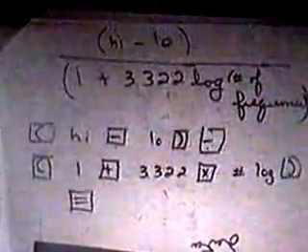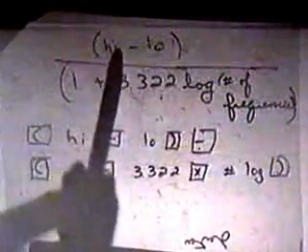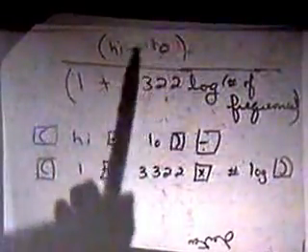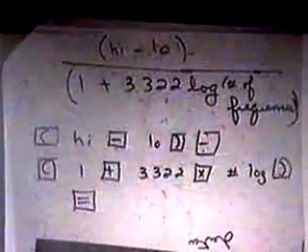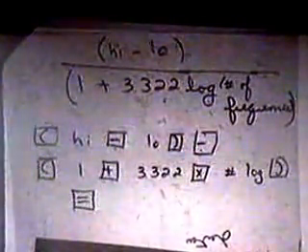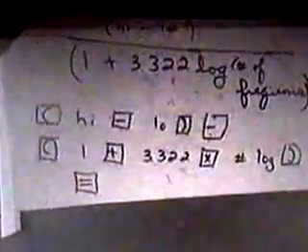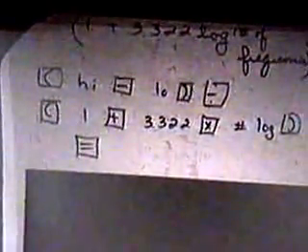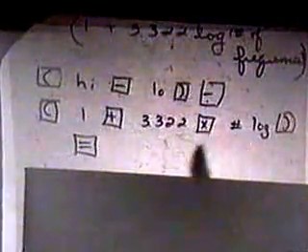If you did not insert the parentheses on this problem, your calculator would say high minus low, and then if you divided it by 1, it would go ahead and just divide by 1 and then do the addition. You have to tell your calculator how you want it to do the order of operations. Now down here where I put the number and then the log, if you have graphing calculators, you will hit the log button and do the number.